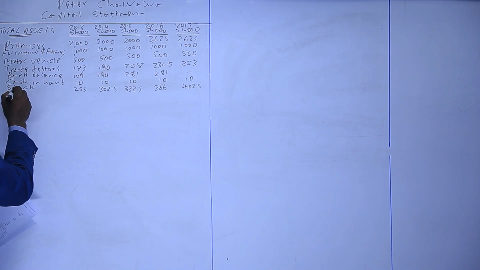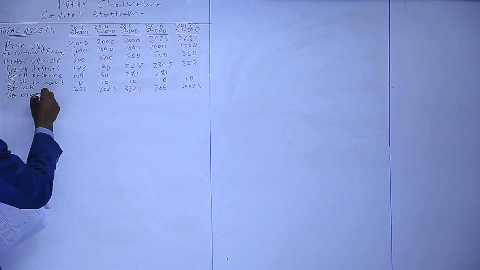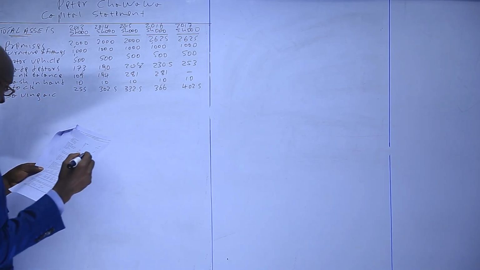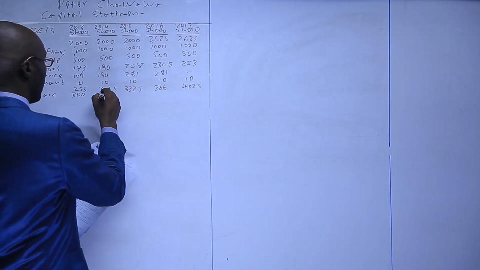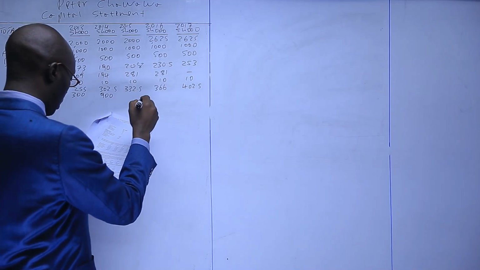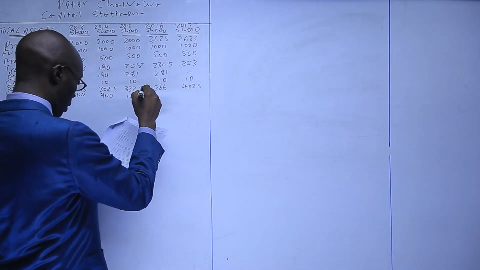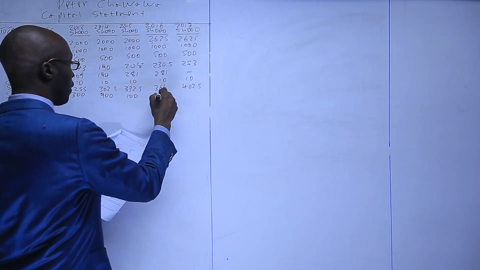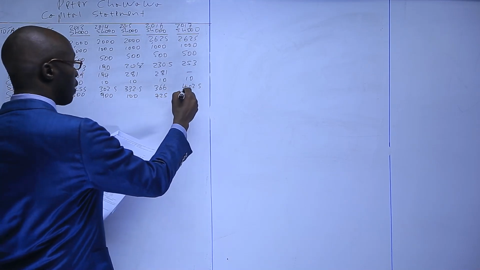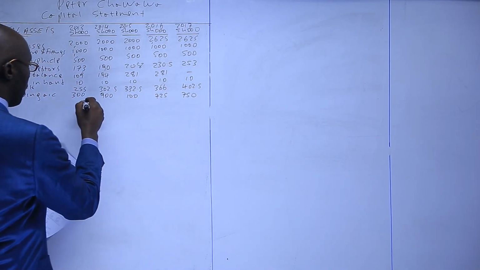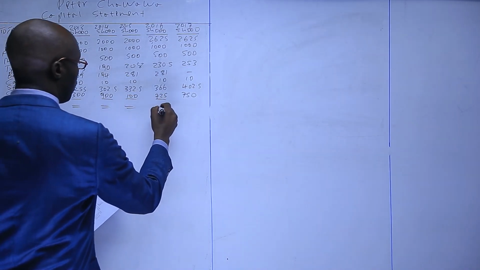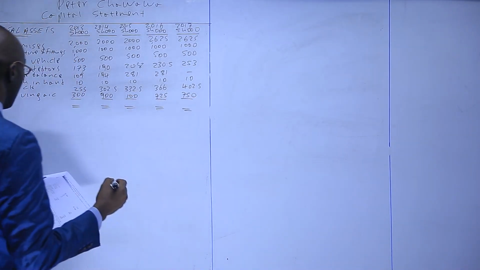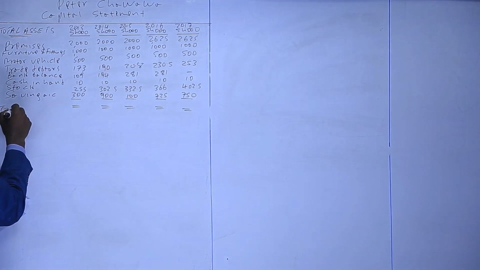So you'd have savings account, 300, 900, 100, 725, and 750. With no other, we will get the total. And then we come to the total liabilities.